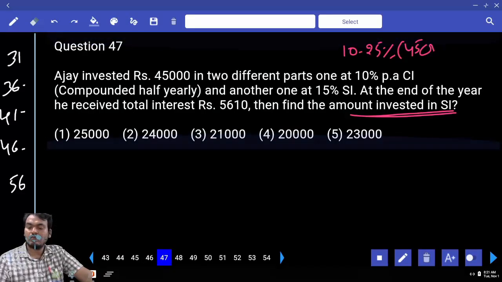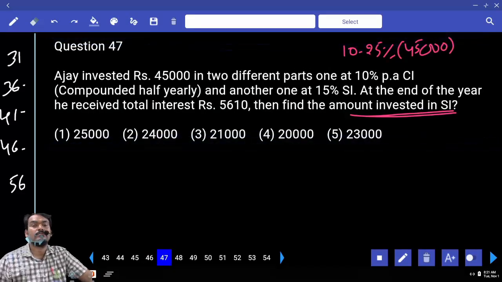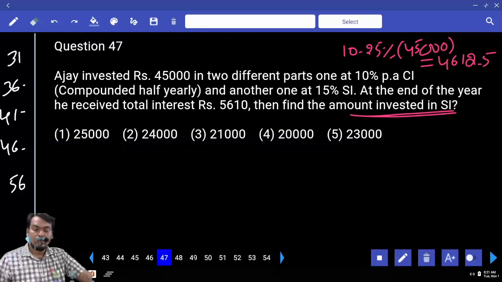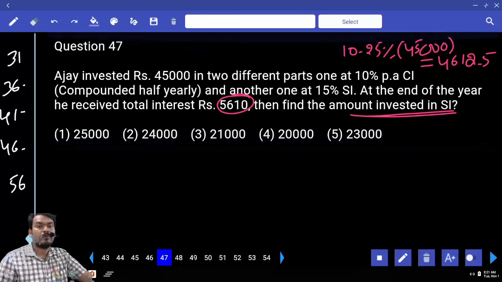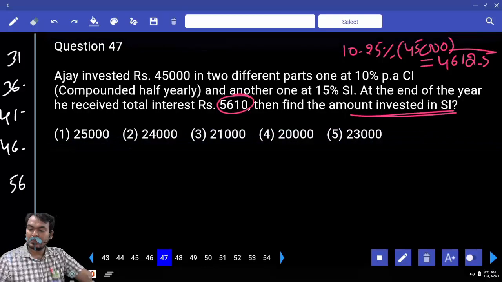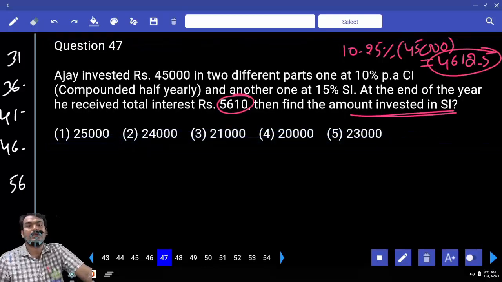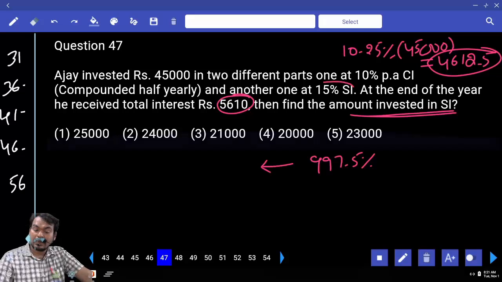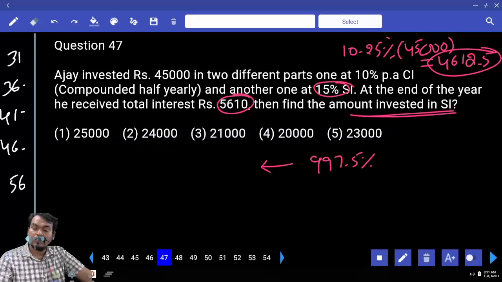What is 10.25% of 45,000? 4612.5. What is the actual interest? 5,610. Compared to 5,610, how much less are you getting? 997.5. Okay. That is equal to the difference between the interest of the second one and the interest of the first one.